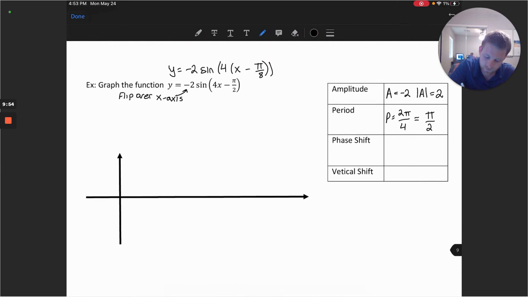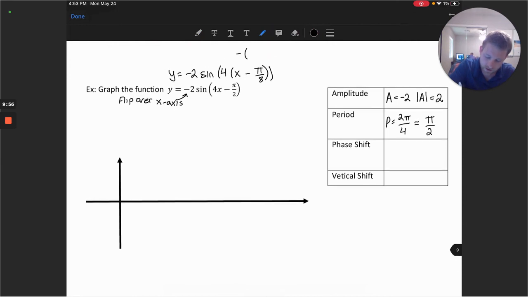So negative c over b, that would be negative pi over 8, or that would give us pi over 8 as the phase shift. So we'll set up at pi over 8 for our first point. Last thing, no vertical shift here, so we'll just do a 0 there.